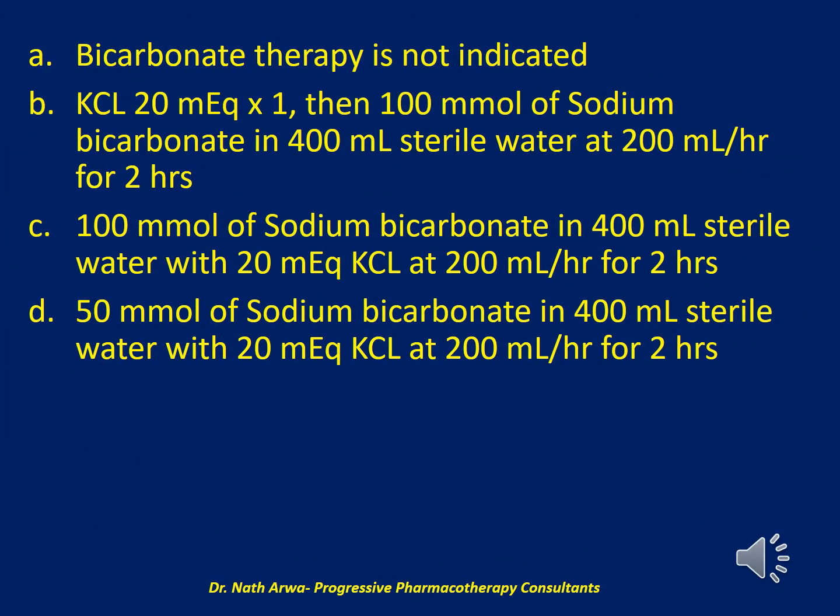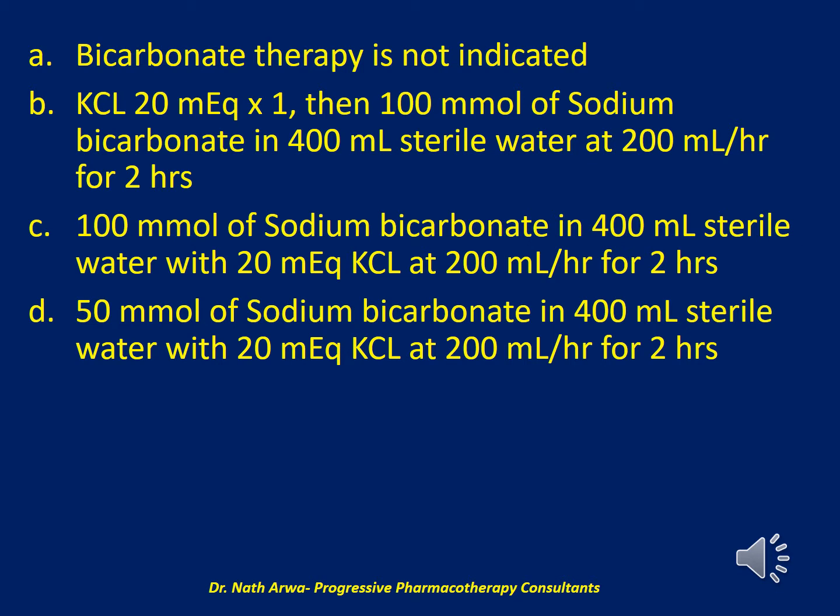Would it be A. Bicarbonate therapy is not indicated, or B. Potassium chloride 20 milliequivalents stat, then 100 mmol of sodium bicarbonate in 400 ml sterile water at 200 ml per hour for 2 hours? Or C. 100 mmol of sodium bicarbonate in 400 ml sterile water with 20 milliequivalents potassium chloride at 200 ml per hour for 2 hours?